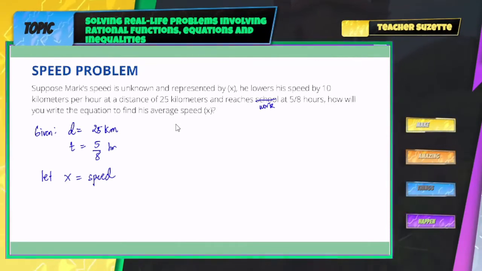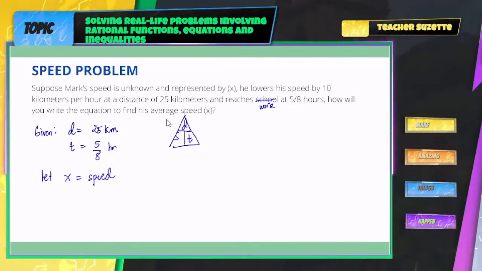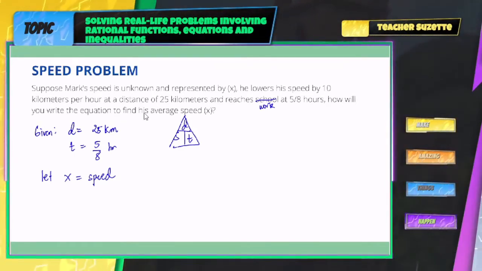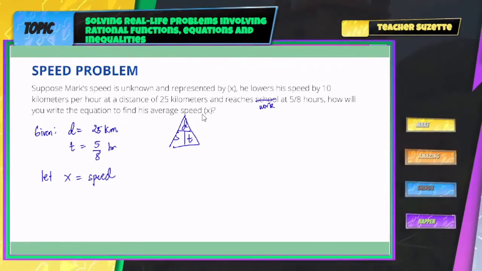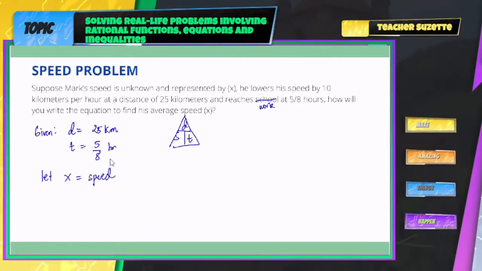So, using our speed formula, or yung ating triangle na lang, distance, then over speed, time. So, how are we going to represent or write an equation to find his average speed, x? Ang given kasi natin is time and distance. So, mas maganda kung i-express natin siya instead yung speed naka-equal sa speed, equate natin siya in time.